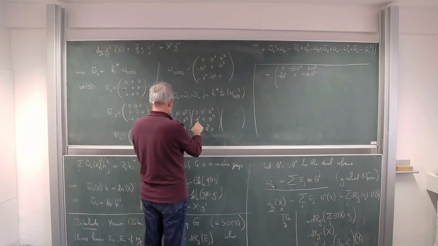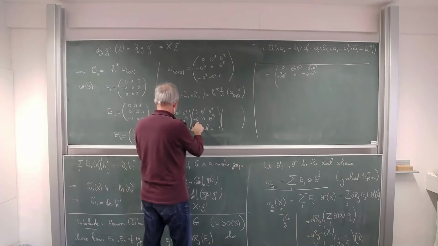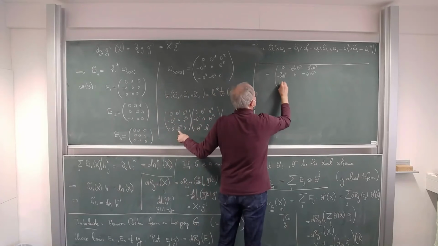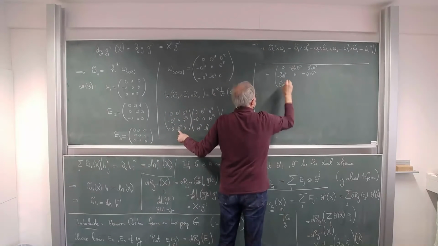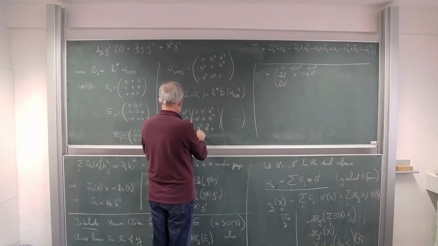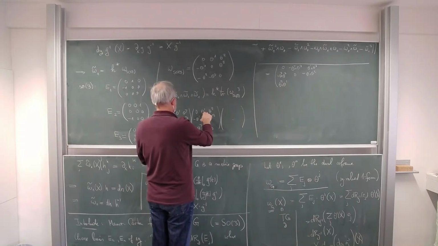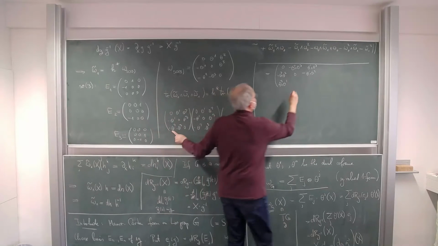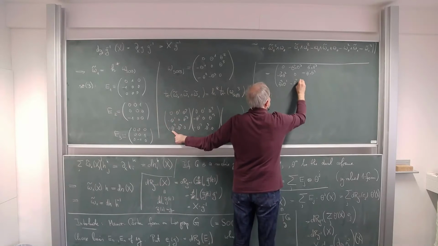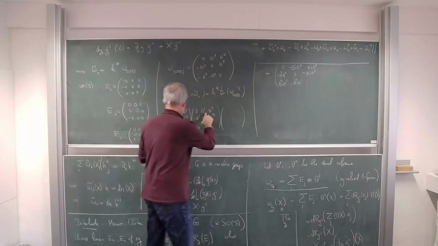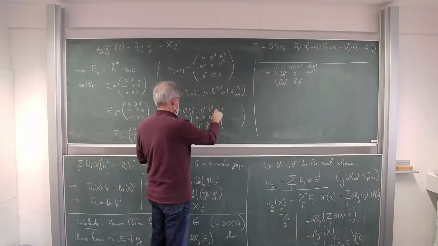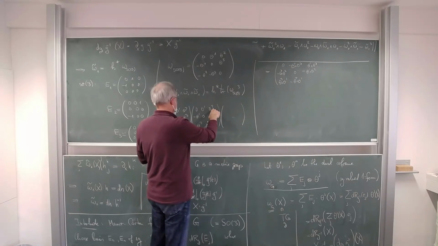Then 0, minus, minus gives plus. Theta 3 times theta 1. Plus 0. And here I have minus theta 2 times theta 1. Plus 0, plus 0. And here, minus theta 2 squared is 0, theta is 0, 0.